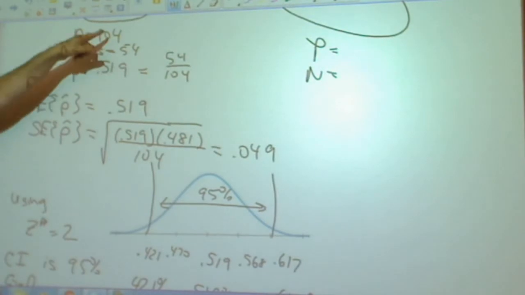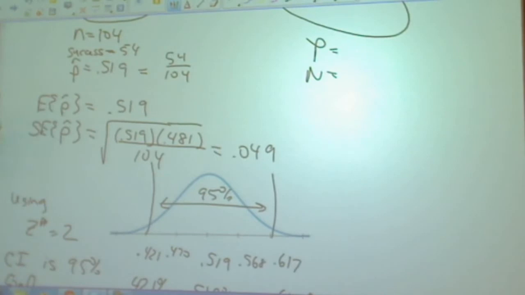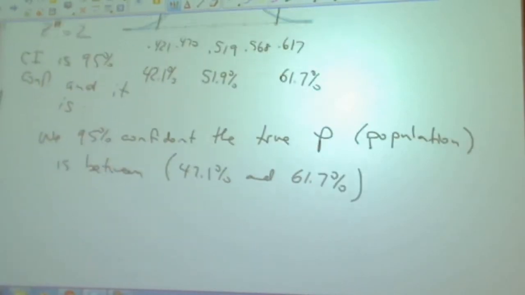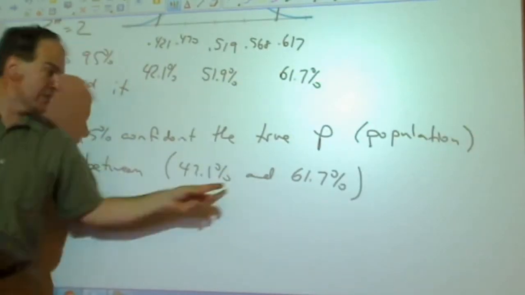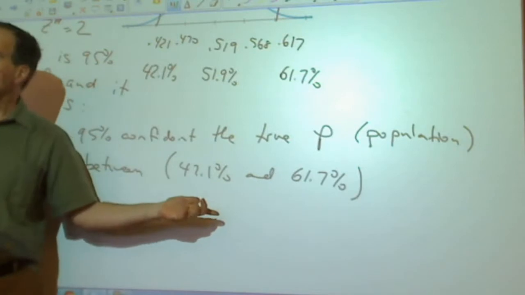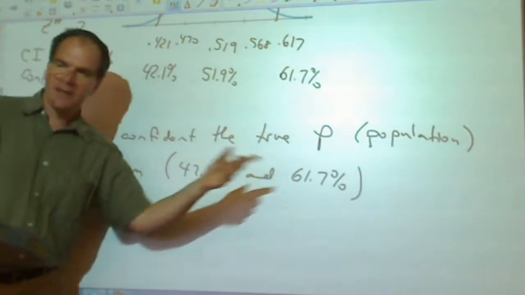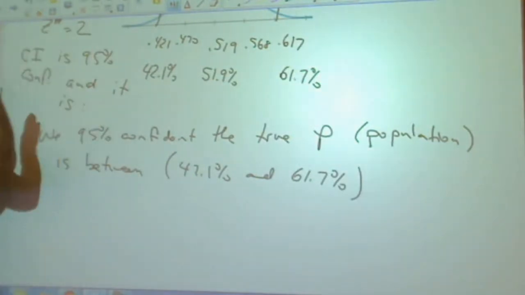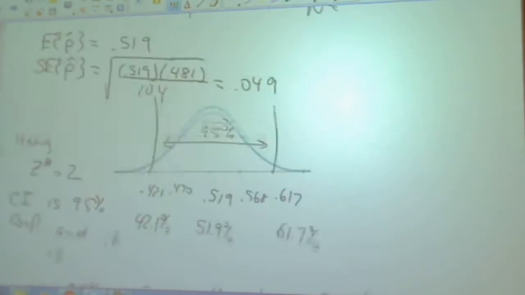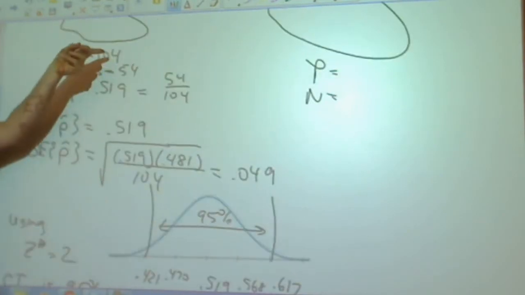My sample size. Yep. So this is a good observation. If we don't like this boundary, this is actually pretty wide. There's a lot of space in here is what I'm saying. If I don't like that, I'd like to tighten it up. I just increase n. And 104 isn't enough. Take more samples.